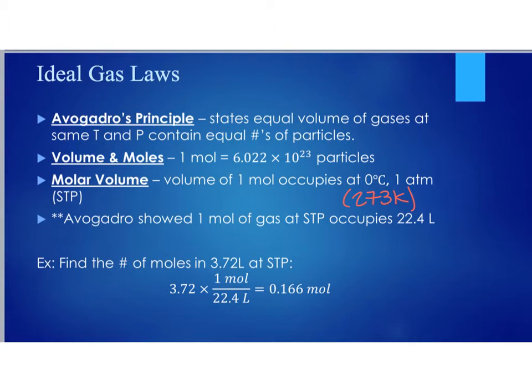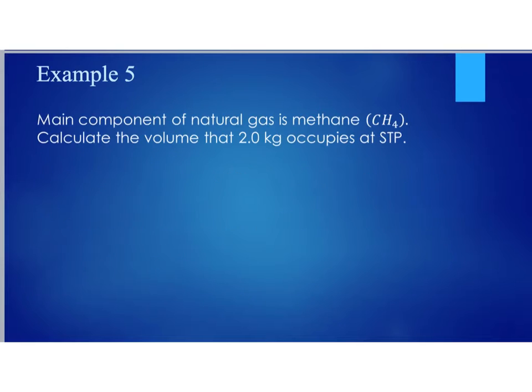If we wanted to find out the number of moles in, let's say, 3.72 liters at standard temperature and pressure, then we're going to take that 3.72 liters and multiply it by 1 mole over 22.4 liters. Your liters are going to cancel out, and that's going to leave you with the unit of moles, which is what we want, and we'll end up with 0.166 moles. So that's just a refresher on that.